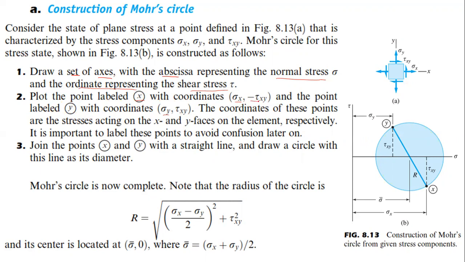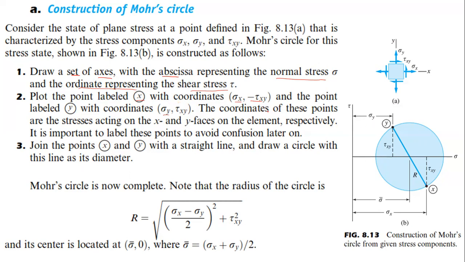Why is there a negative in sigma x, negative tau xy? As you have seen, our treatment for shearing stress below the horizontal axis is negative, and above the horizontal axis is positive.